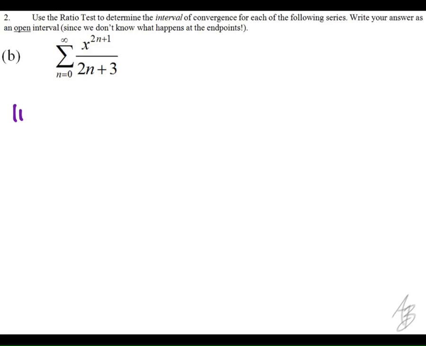And finally, in the last part, this is very similar to part A in question number 2. Again, since x could be any value, we have to make sure that we take the absolute value of x. Since these have to be positive, we don't need to worry about absolute values on the 2n plus 5 and the 2n plus 3 because that always has to be positive as n starts at 0 and goes up from there.